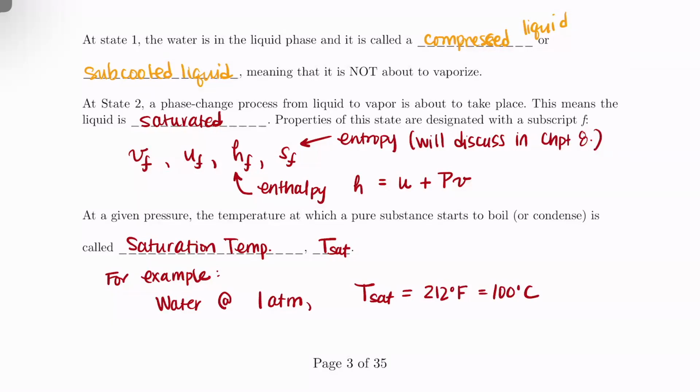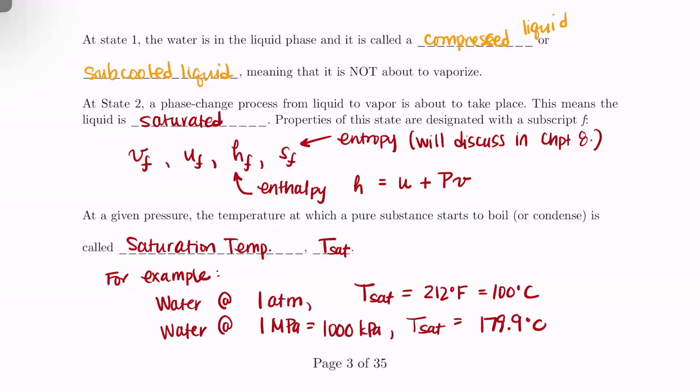So this is just what we're kind of used to thinking of as a boiling point, right? We're going to call it saturation temperature. Water at 1 megapascal, which is 1,000 kPa, has a saturation temperature of 179.9 degrees C.